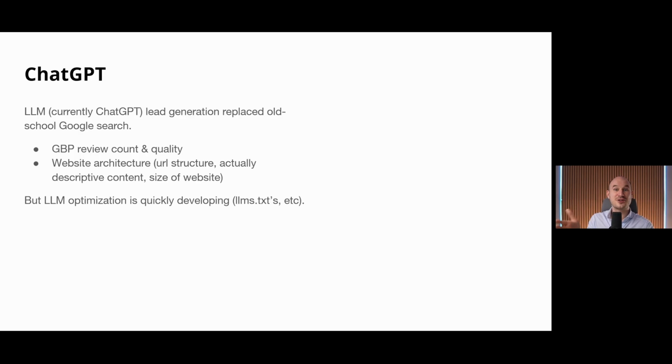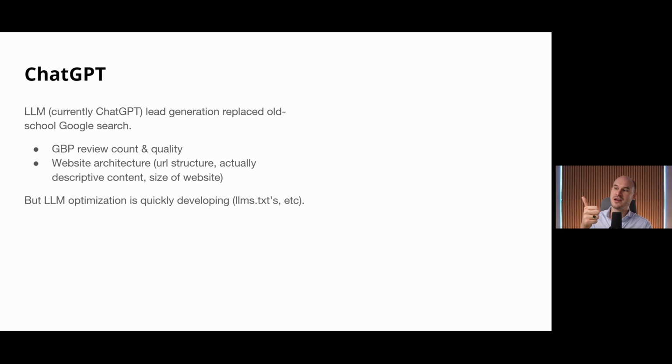And then they're not going to get lots of leads through their Google business profile, because you click it because of the review count, and then you look at it and you're like, well, there's nothing here. Like I'm not sure if I can trust these guys. I'm going to go to another MSP that's willing to show their faces. But if you have a high review count and a great website architecture, then ChatGPT will already start suggesting you, because it doesn't want to spend the compute to actually see the images.